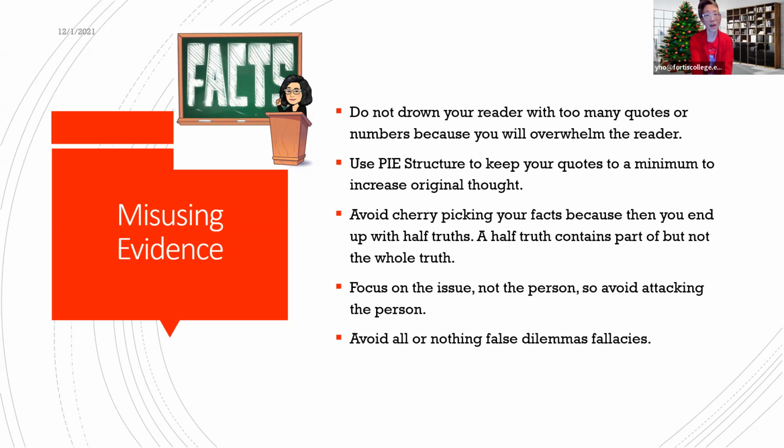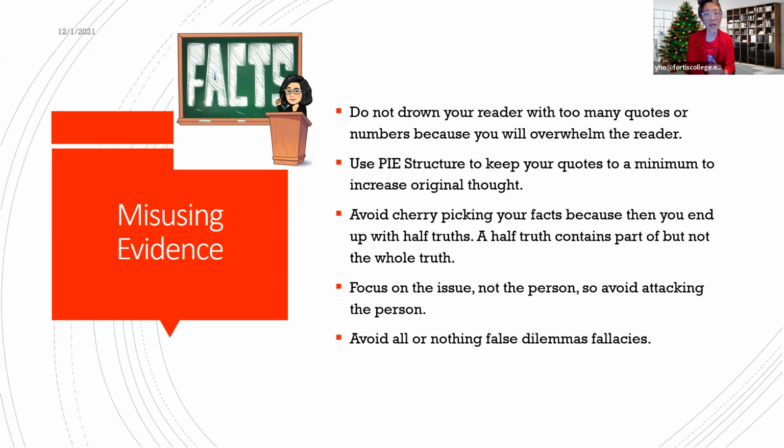I will go over how you do that by engaging the other side and using a rebuttal paragraph. We're going to go over that later on in this presentation, how you can avoid the cherry picking fallacy.